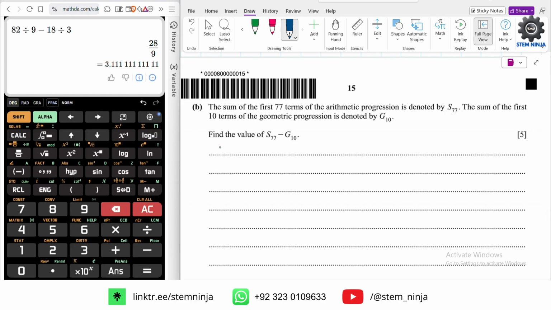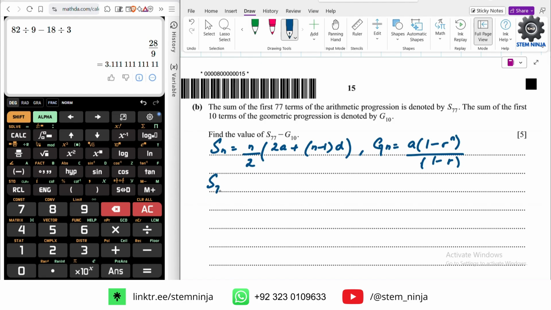Okay, so we know Sn is n over 2 times (2a plus (n minus 1)d), and the Gn formula is a(1 minus r^n) over (1 minus r).